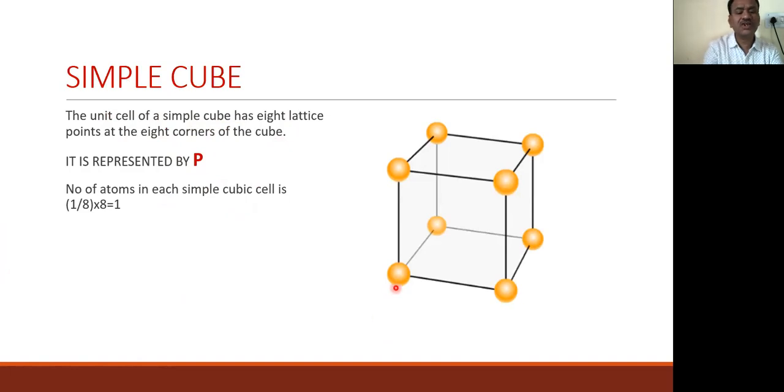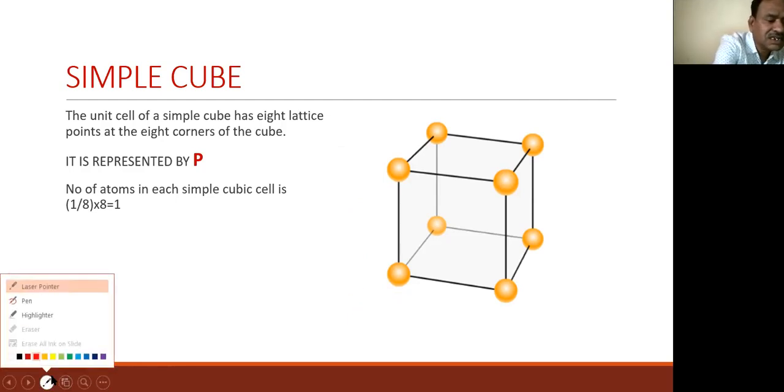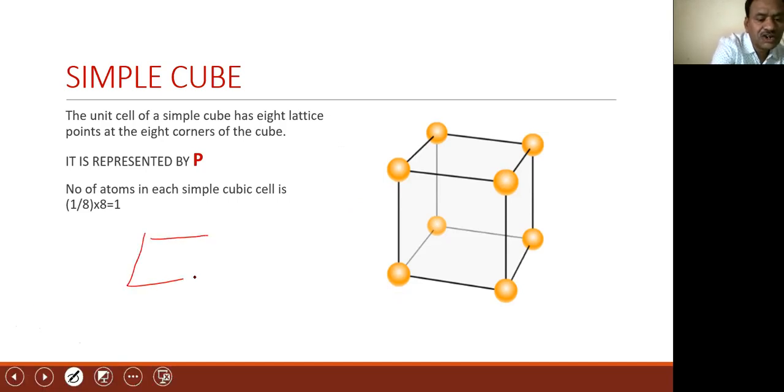You see, corners 1, 2, 3, 4, 5, 6, 7, 8. As I told you earlier, consider the contribution made by this cell, because I can keep one more cell here, one more cell here, like that. Easily you can understand in 2 dimensions.